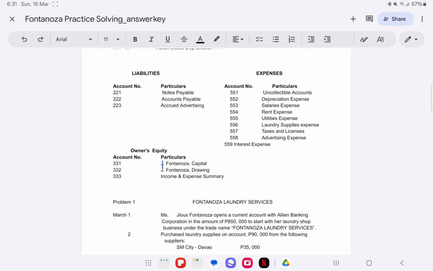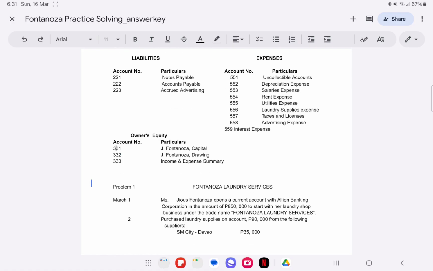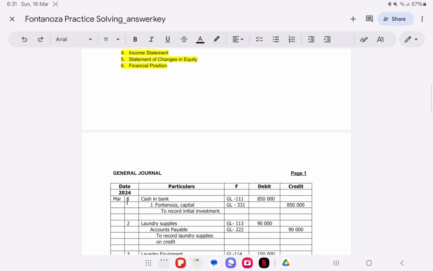Try to look at the particulars under owner's equity. J Fontanoza, Capital, and 331 is the account number. That's the process when you journalize under the general journal.